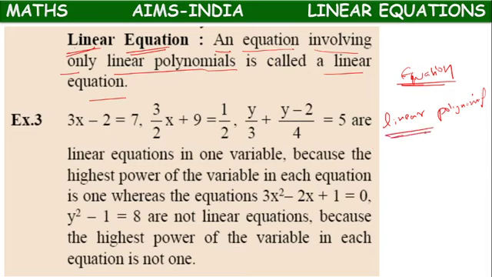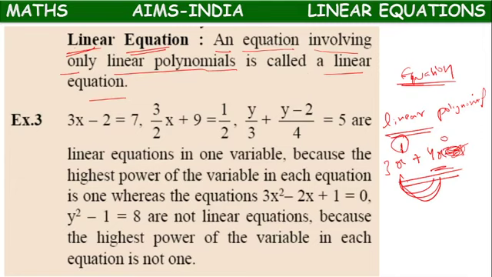Linear polynomials contain terms like 3x plus 4. It's a linear polynomial. Here x power 1 is there, and there is no x in the other term, so x power 0 we can take. Out of these two terms, what is the highest power?